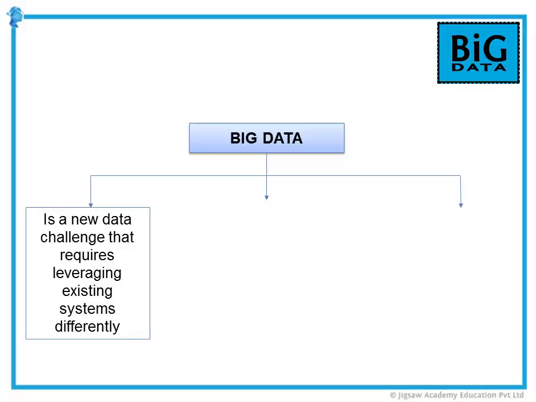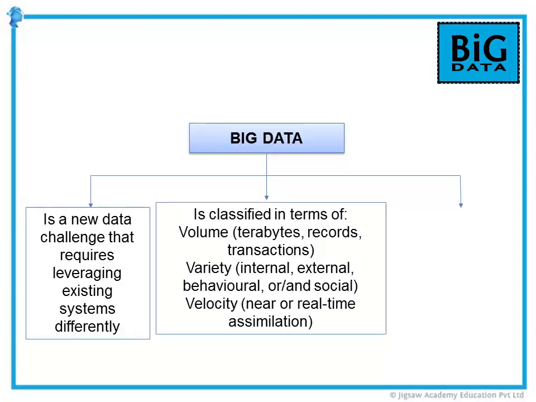There are three main factors to consider when talking about big data. So let's take a quick look at each of them. First, it's a new kind of data. It's a challenge since it requires leveraging different systems differently. Second, it is classified in terms of volume, variety and velocity. Volume refers to the amount of data, whereas variety refers to the type, internal or external or behavioral or social.